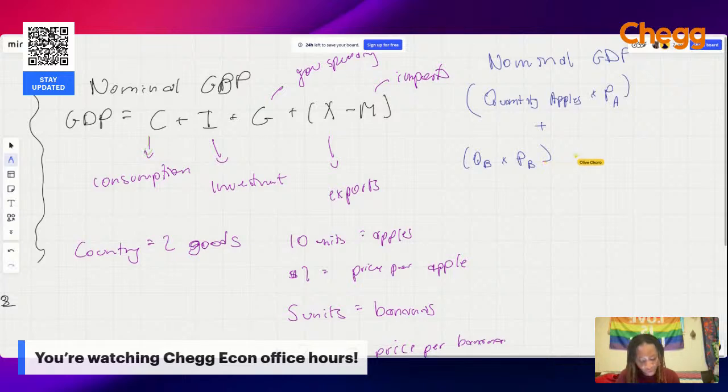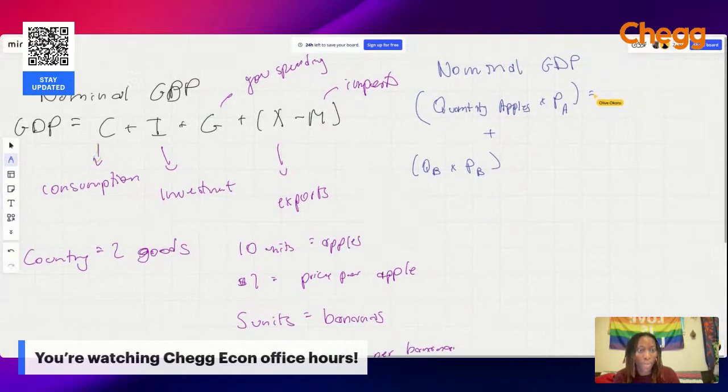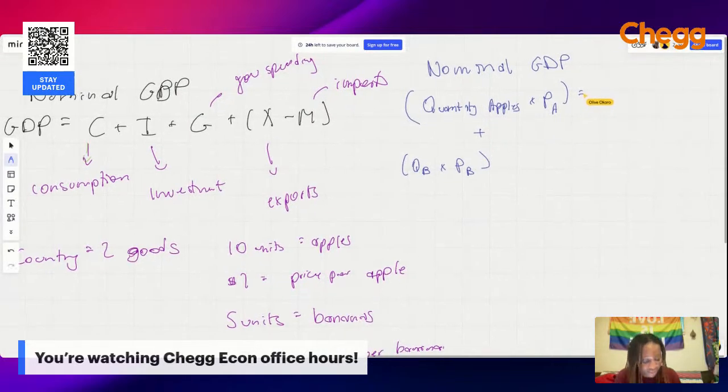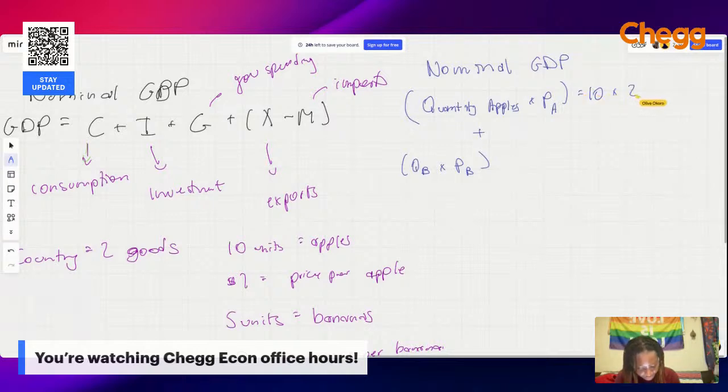So as we already know, the quantity of apples is 10 units. So it's going to be 10 units times the price, which is 2, plus 5 units of bananas times the price of bananas, which is $3 per unit of bananas.